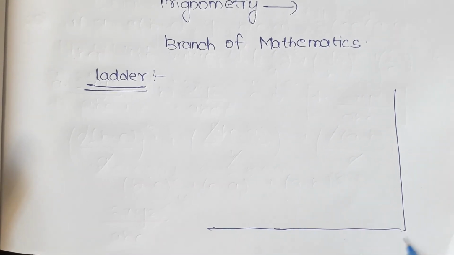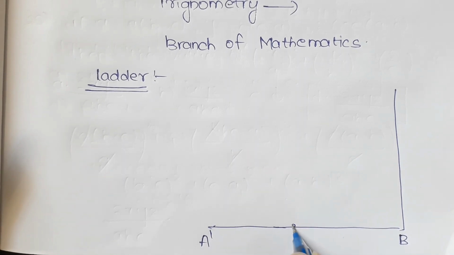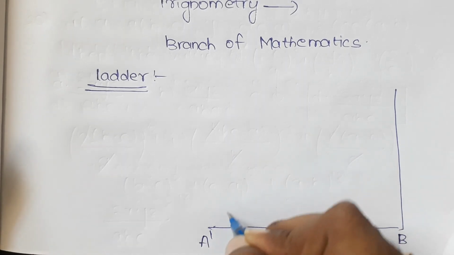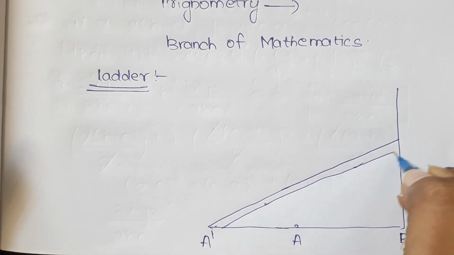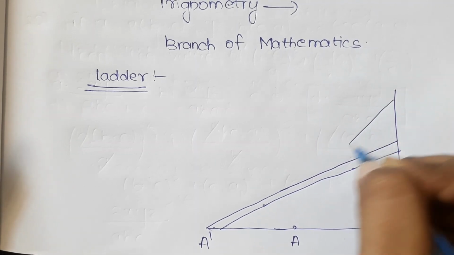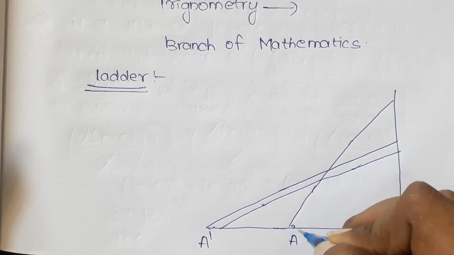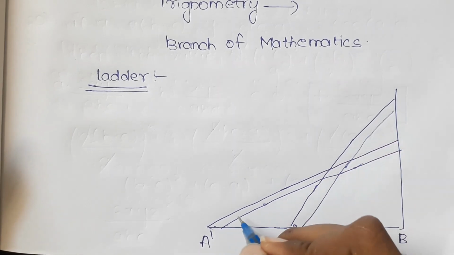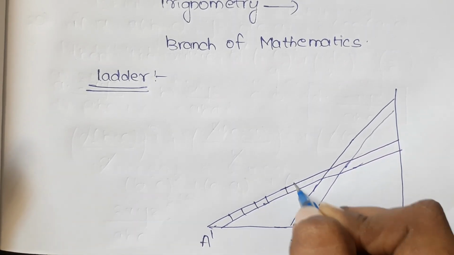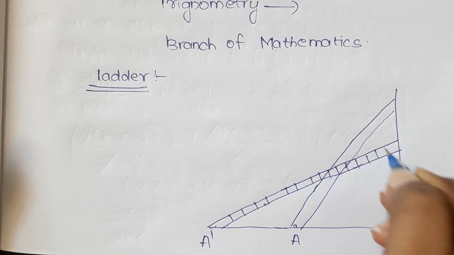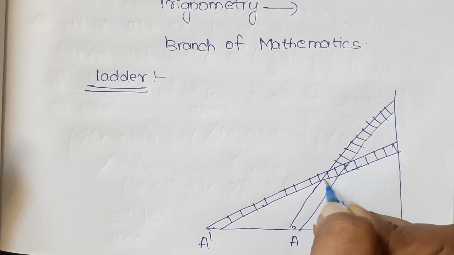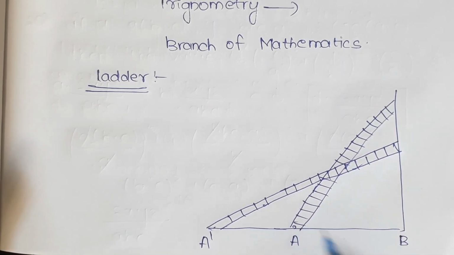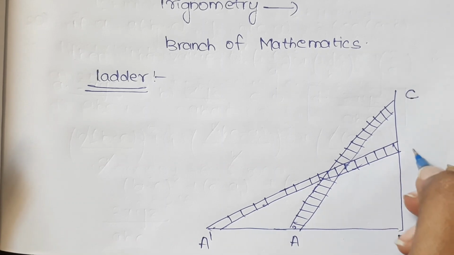that is, here it is the base of the ladder denoted with B, and here A dash A. And here it indicates the ladder. It is represented by C and C dash.